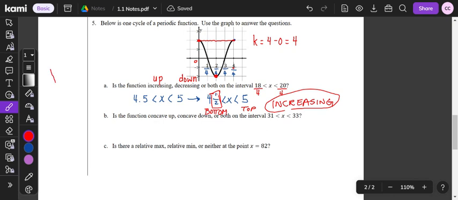So this right here is concave up. All right? The wave is opening upwards. Okay, this right here is concave down.